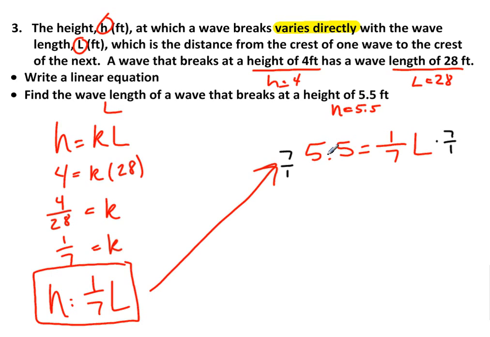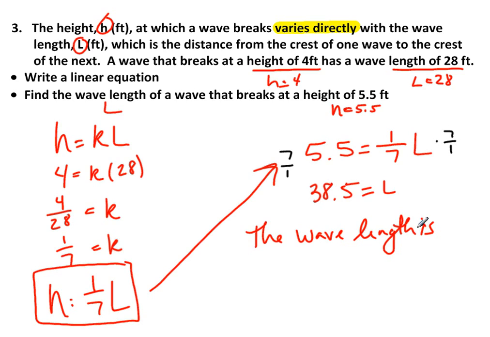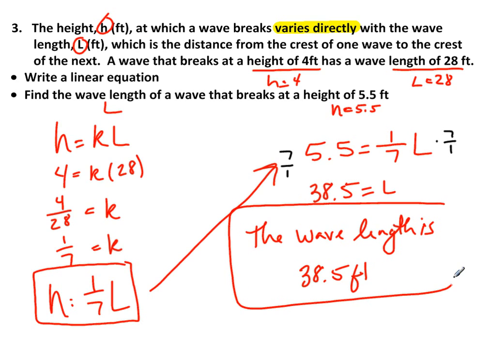And when I multiply 5.5 by 7, I get 38.5 equals l. Now that we're dealing with a word problem, I probably want to answer my question in words, so find the wavelength. The wavelength is 38.5, and if we go back up here, length is in feet. And that was the final answer.